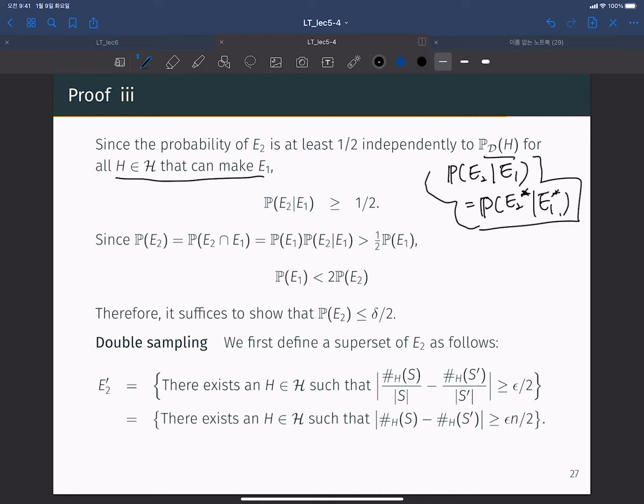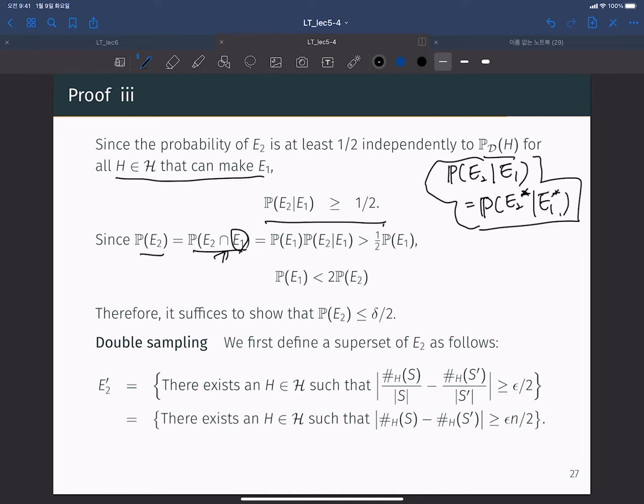So we have this from the previous slide, and it is bounded below by 1 over 2. And since E2 is a subset of E1, we can rewrite E2 as the intersection of E2 and E1.